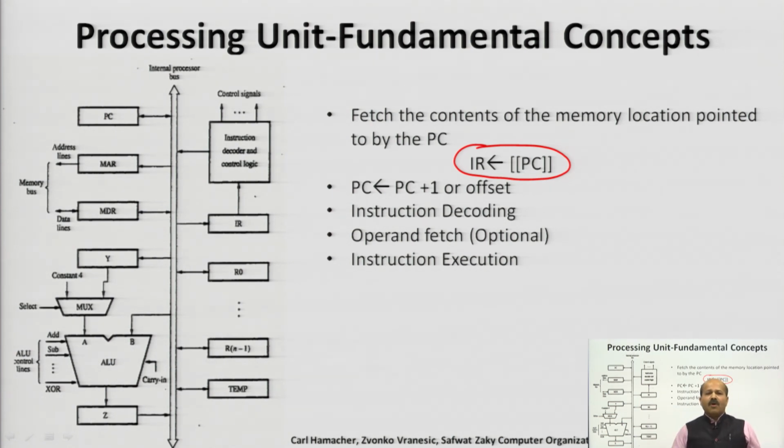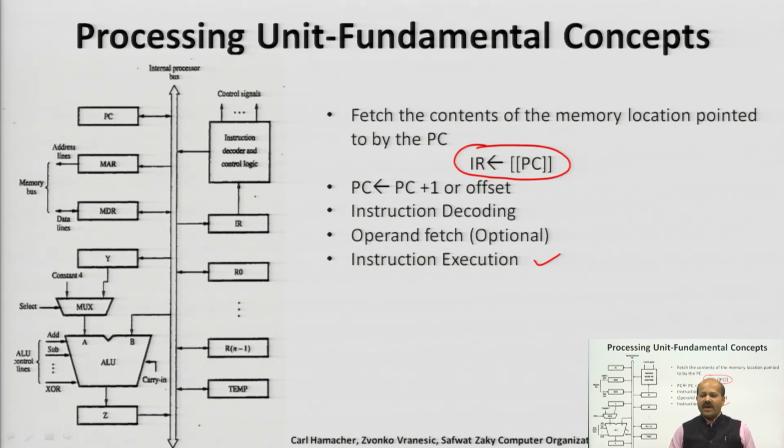After decoding, if some operands are given, we have to fetch those operands also. The system will fetch those operands, because they are required for the particular operation. And after operand fetch, the final execution operation will be performed. This way instruction fetch and execution steps will take place.